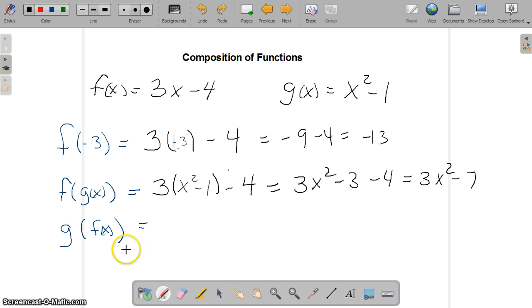Same idea, I'm going to do it again, but this time I'm going to take the f function and plug it into the g function. It's going to look something like this. I'm going to rewrite this function and leave some space, and you'll see why in a minute. So x squared minus 1.